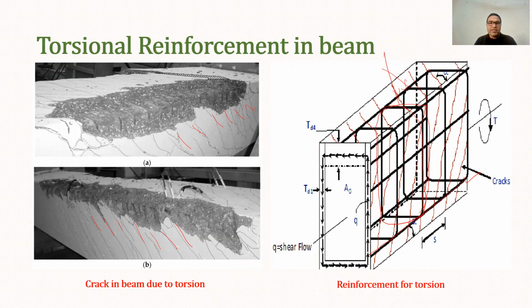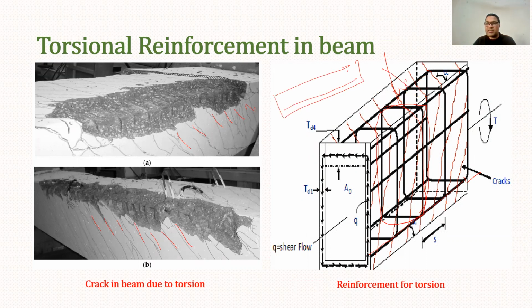Ideally, we should provide reinforcement in the spiral form, but providing it in spiral form is very difficult in practical conditions, and therefore we provide reinforcement in two forms. One is along the longitudinal direction of the beam, like this is the beam, so we provide reinforcement like this.